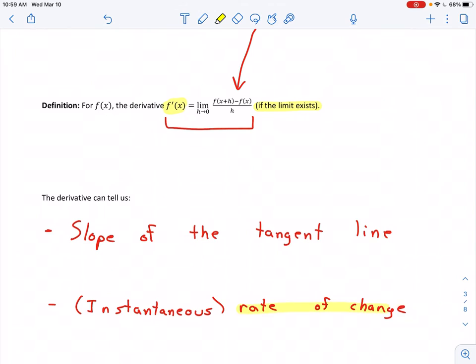If we just say rate of change, then you can go ahead and assume we're talking about instantaneous rate of change. The only other time we would talk about rate of change is if we're talking about average rate of change, in which case we would go out of our way to make sure that we mention that word average. But if you just see rate of change, that means the same thing as instantaneous rate of change.